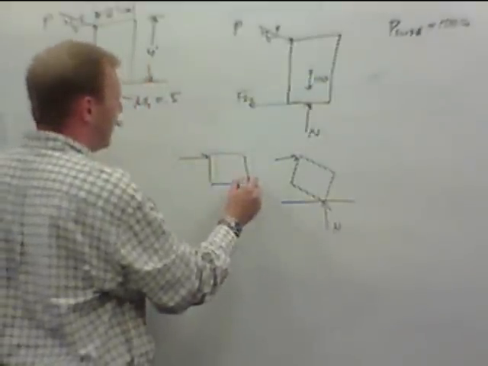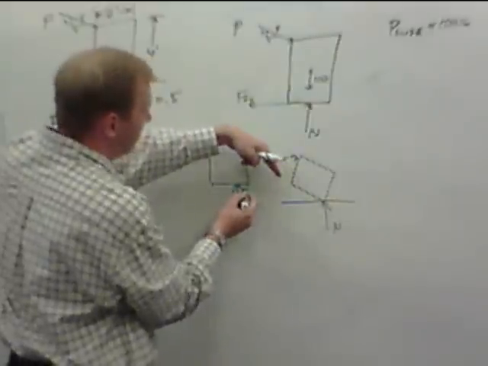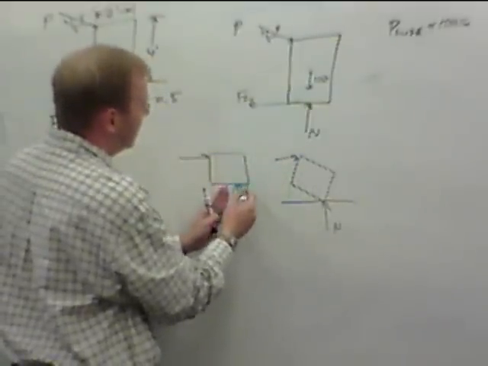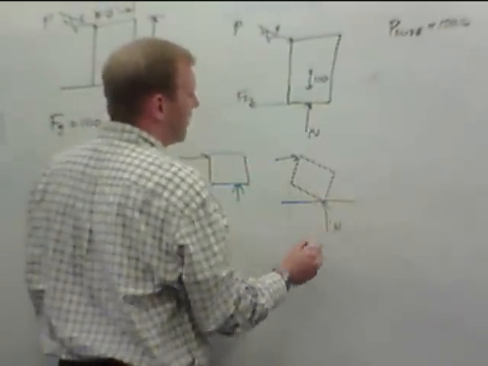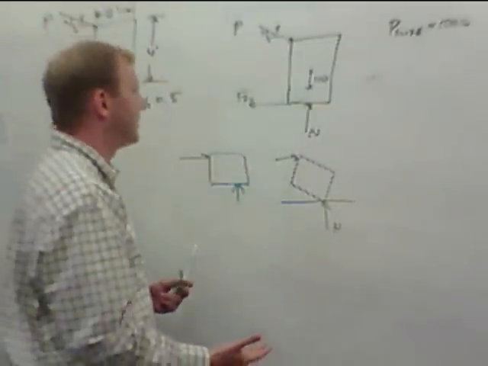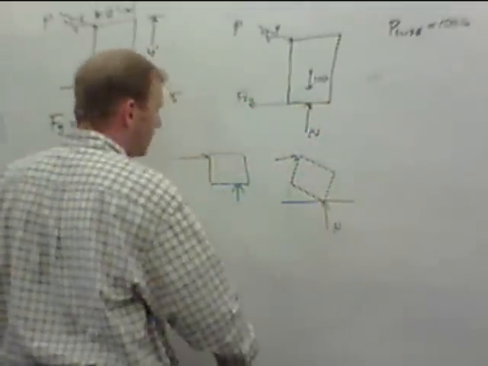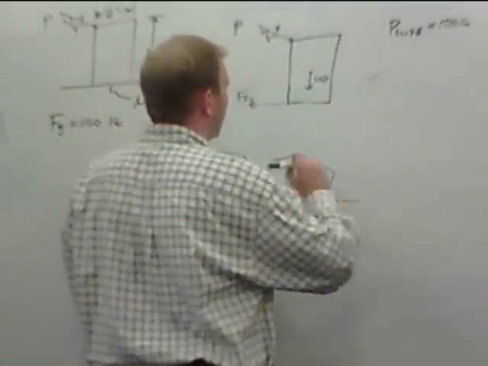If I take moment about one of these points, I'm going to have a pushing force causing a clockwise rotation. This is going to shift until it counters. When it finally tips over, this normal force is going to be applied on this corner. That's really the key detail here: when this tips, this normal force is not applied in the middle anymore, it's applied on this edge.